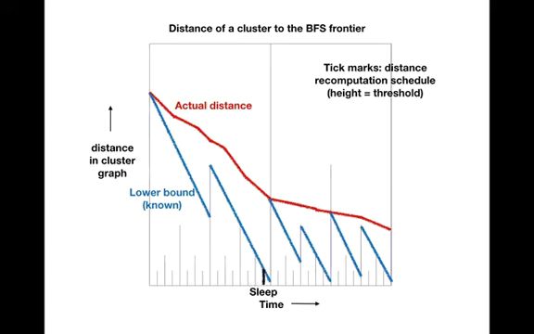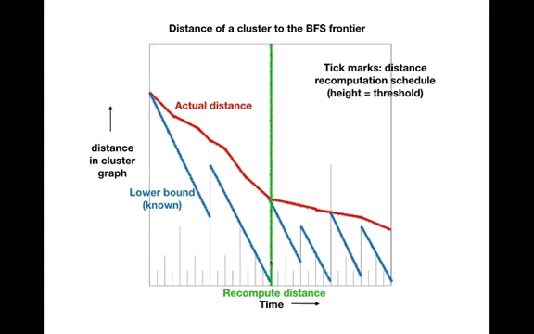And once again, I recompute when that lower bound gets smaller than the threshold for the time step. And notice that these thresholds are sort of dyadic, where periodically you're going to compute at a large threshold, but in between you're going to compute at half that threshold, and in between those you're going to compute at half that threshold, and so on.